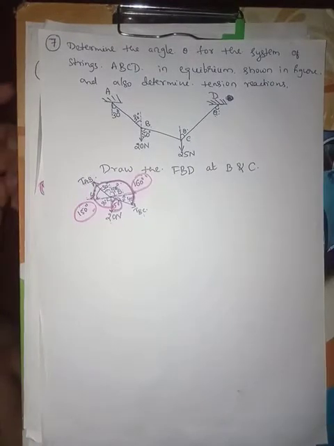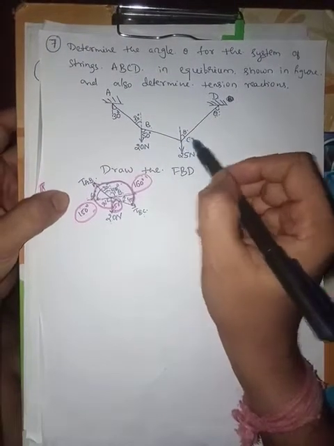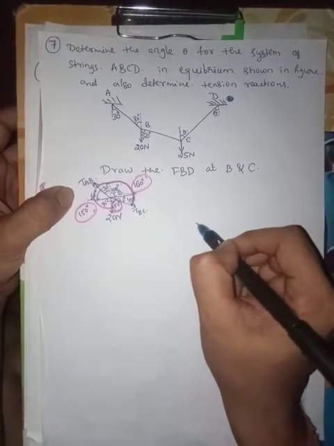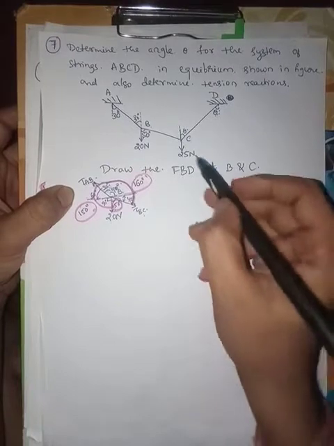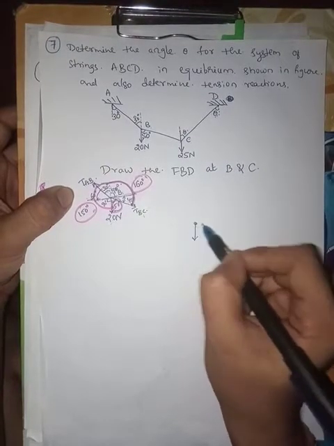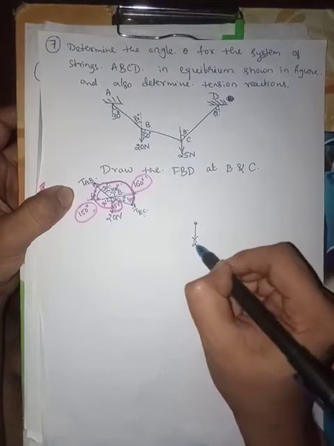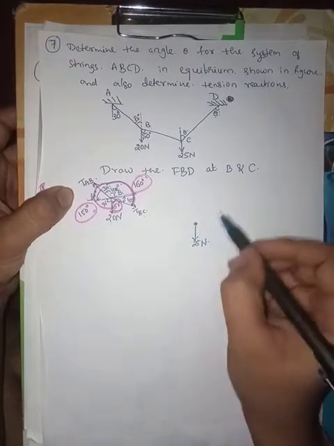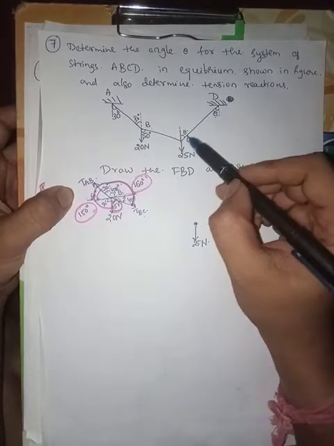Similarly, draw the free body diagram at C. At point C, what are the forces acting here? One is the directly vertically downward force of 25 Newton, and the tension from the string TCD.